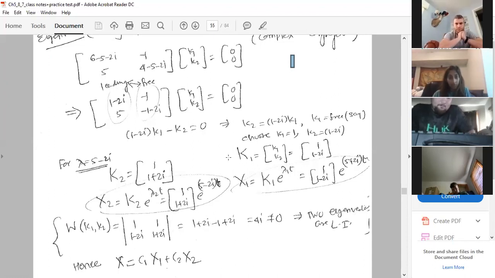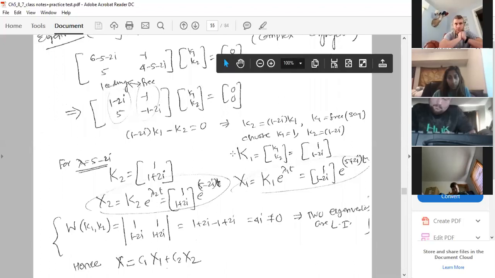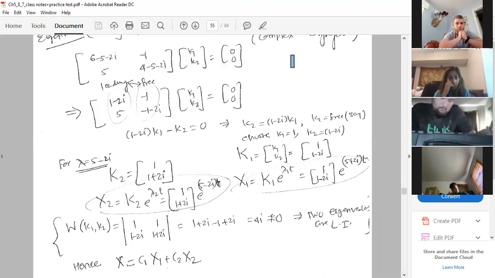Yes, the two eigenvectors in this example are linearly independent, because my Wronskian is non-zero.